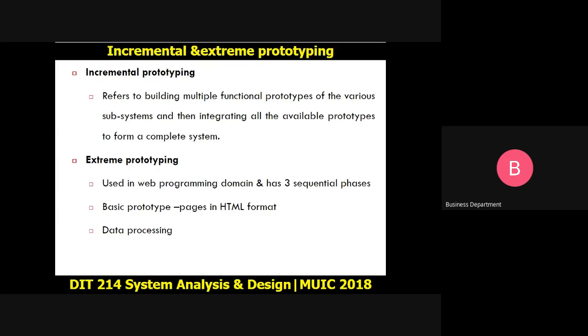And in our basic prototype, we are creating a static page, a page that cannot do any form of data processing. Yes, you can navigate from page A to page B, but there's no processing that can be done on that page. That's what we are saying, a basic prototype.